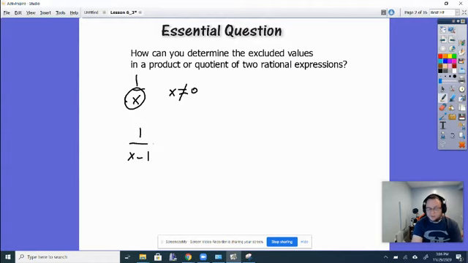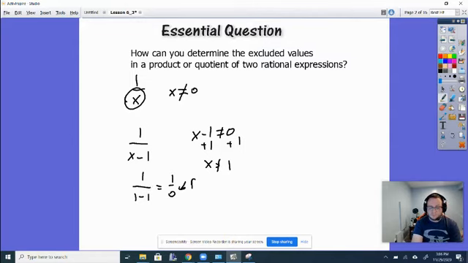Same idea. I can't have my denominator be 0. So my denominator cannot equal 0. So with x minus 1, x itself cannot equal 1. And that makes sense because if I plug in 1, I get 1 minus 1, which is 0. And this is a problem.